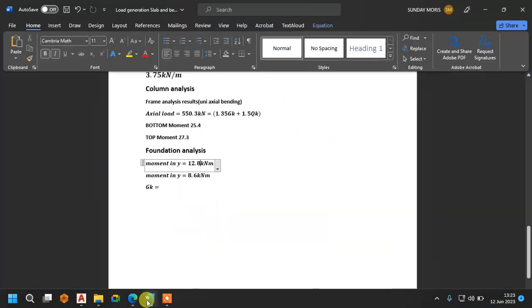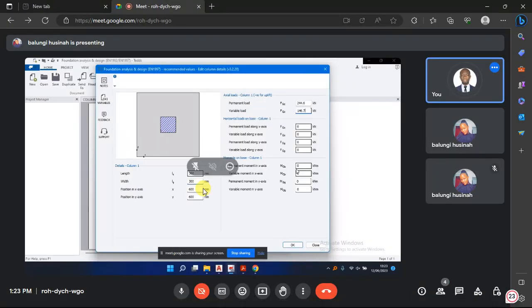I remember we had around 12.8. To get the permanent load, I did 0.6 times the axial load divided by 1.35. That's correct, right? Now for the moment, the same, it will be on the y-axis.